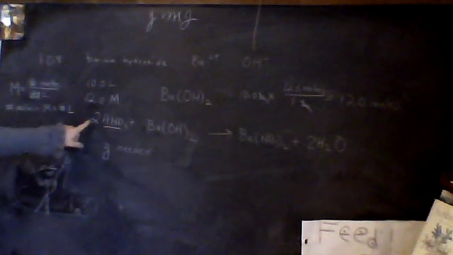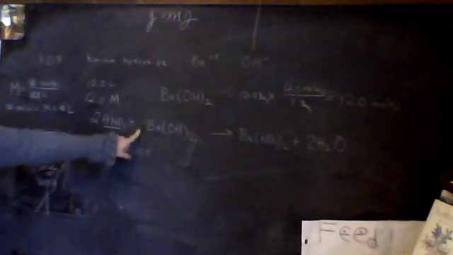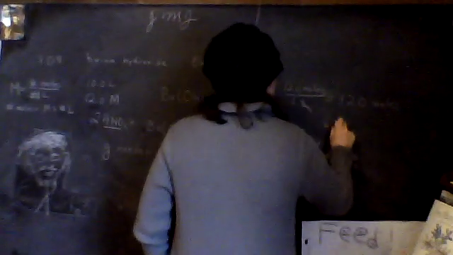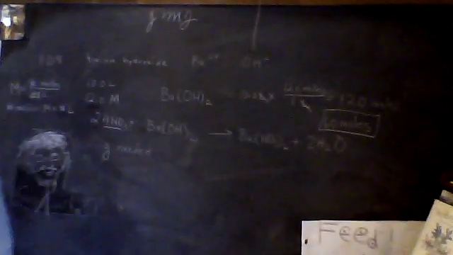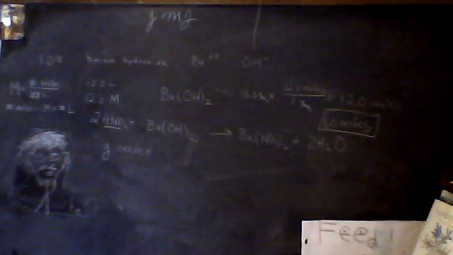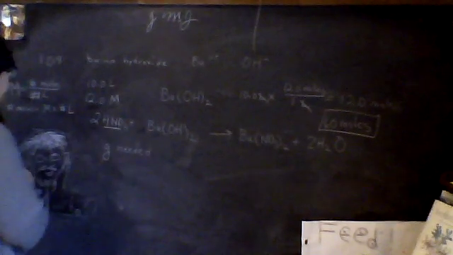So it's 120 over 2, which is 60 moles of barium hydroxide. That's not done yet. We still need to figure out how many grams that is, but we know how to do that. Sorry, I was looking all of a sudden at barium nitrate, but no, we're still at barium hydroxide.